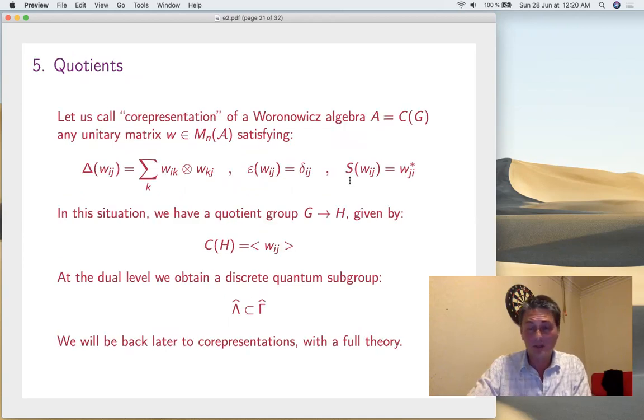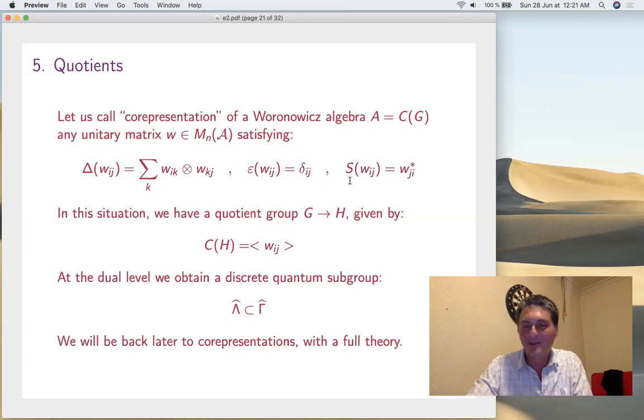Now quotients, of course. For quotients, actually, we need the notion of co-representation. This is something that we'll study later, but we need it here just for this construction, their definition. So that's just a matrix which satisfies the same conditions as for U. It's a kind of representation of our quantum group, finite dimensional. So that's your definition for general representations of a quantum group, which are called co-representations of the algebra.